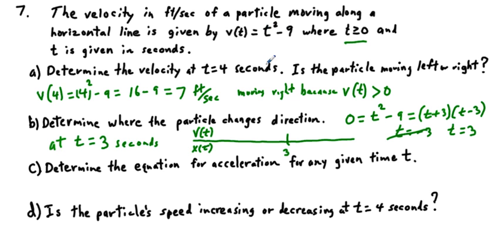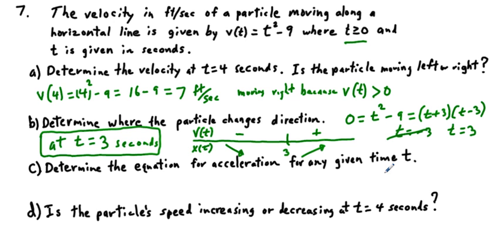We get a negative number, so we're moving to the left between 0 and 3. If we put in a number bigger than 3, let's say 4, well, we already determined from part A that that's going to be positive. So this verifies that t equals 3 seconds, because the sign of velocity changes from negative to positive.